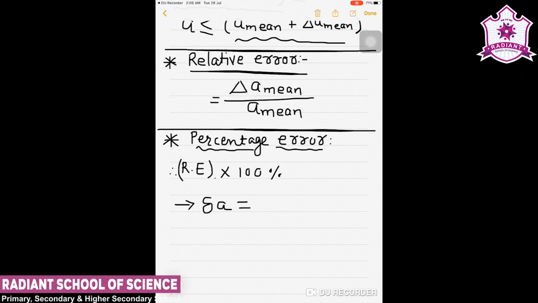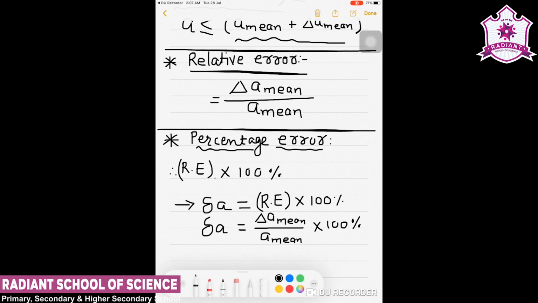So it is indicated by delta A. Here we know what relative error is. So relative error into 100 percentage is called percentage error. Here we define relative error, that is delta A mean upon A mean, into 100 percentage. So this is called percentage error.